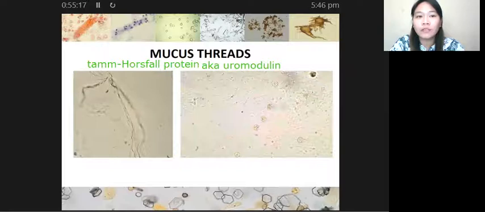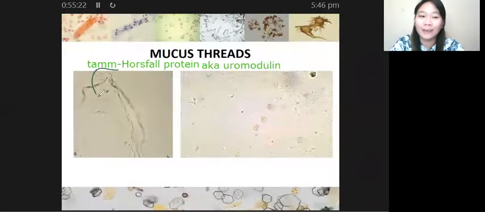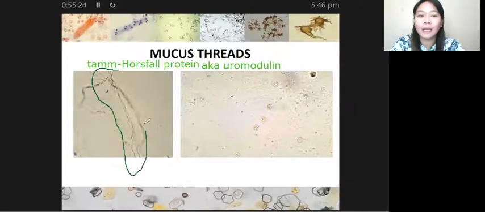So under the microscope, you are very lucky pag ganito ang nakita mo. Diba? Kasi, sabi ko nga, your mucus threads have low refractive indices. So they have almost similar refractive index as that of your urine sample.